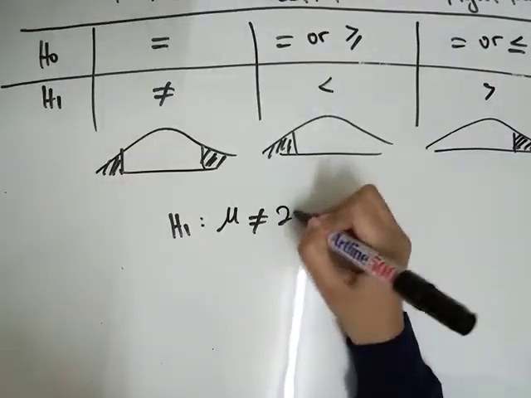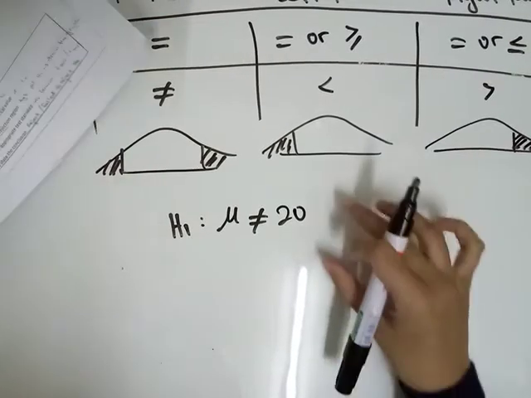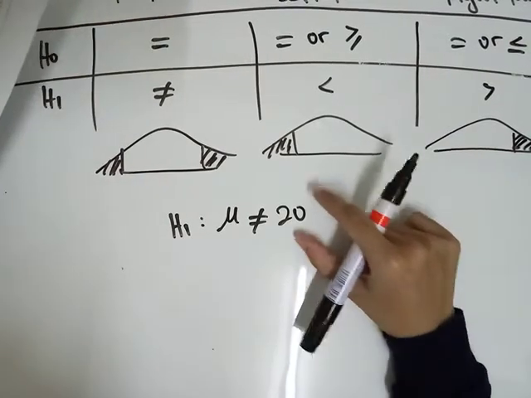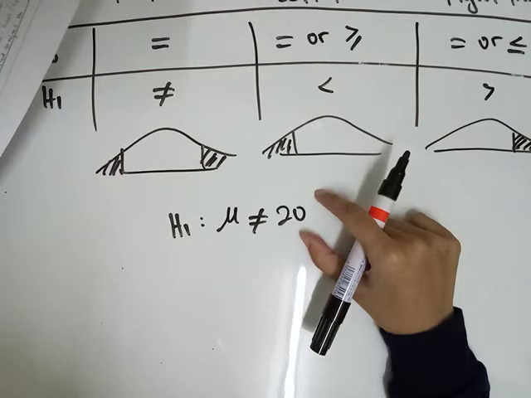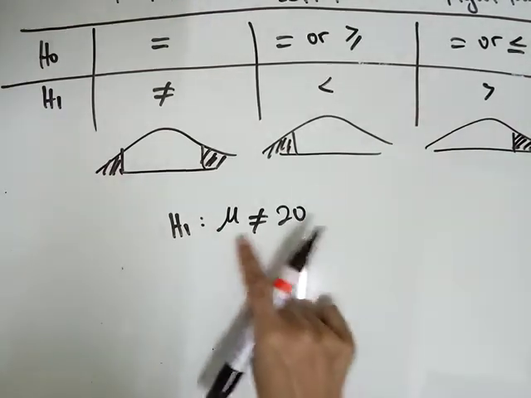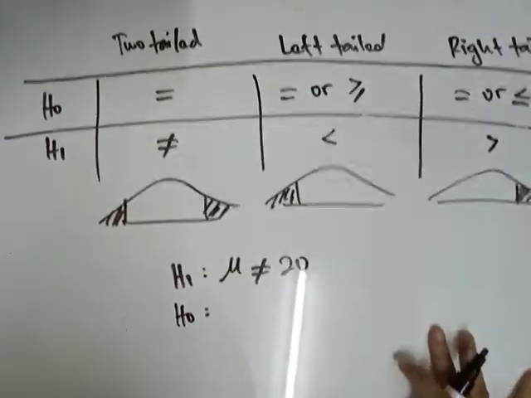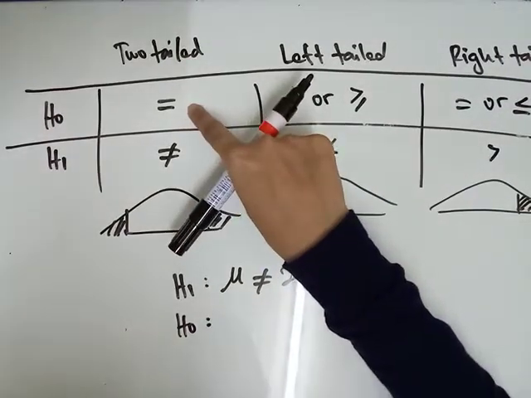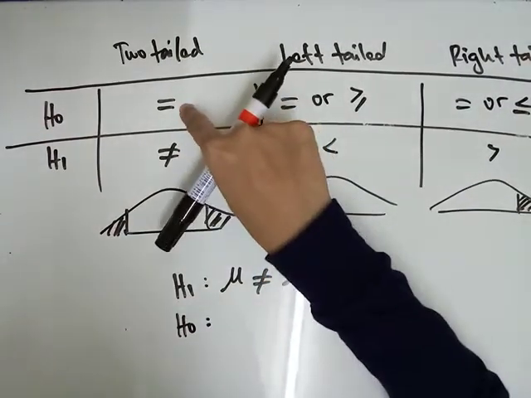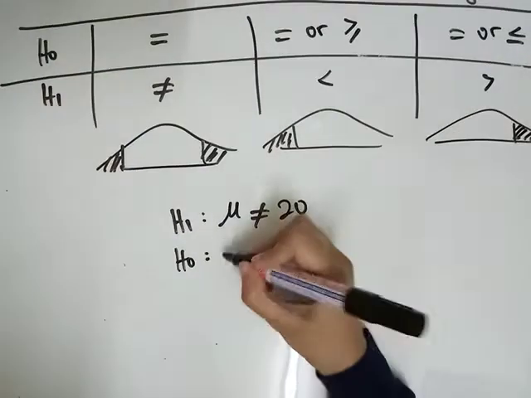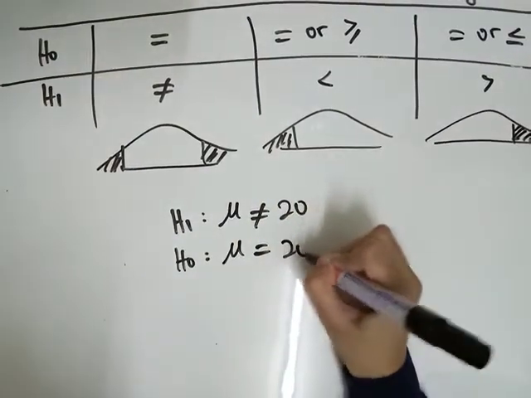So just write 20, no need to write the hours, just the value only. When H1 mean is not equal to 20, what is H0? It must be its partner. When H1 is not equal, H0 is equal. So mean equal 20.